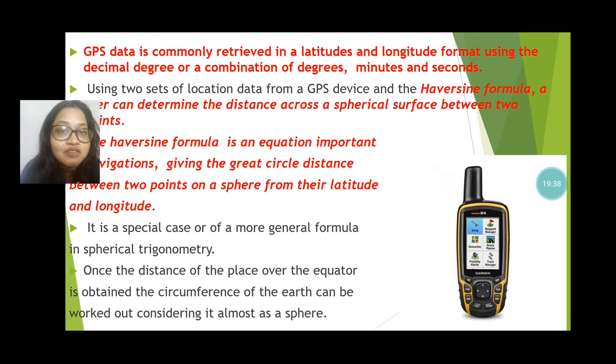This is the device we used in our college time, because at that time we didn't have smartphones with GPS. This kind of GPS we had to carry if we went anywhere, and we had to find the locations. Okay, so this is all about the GPS uses.